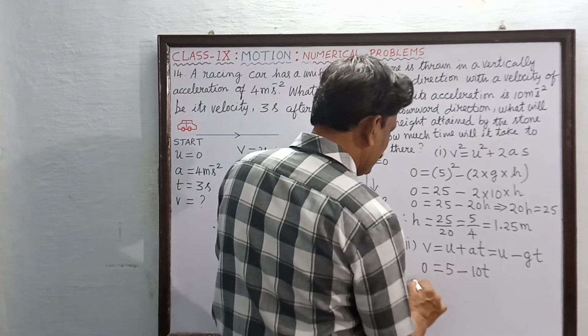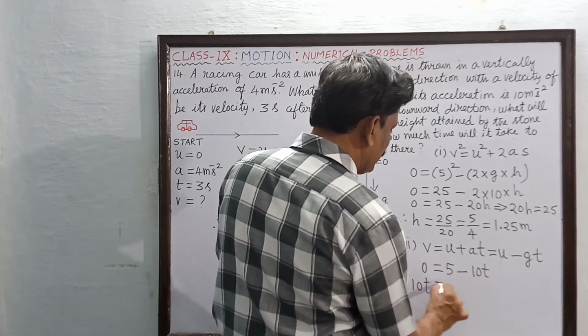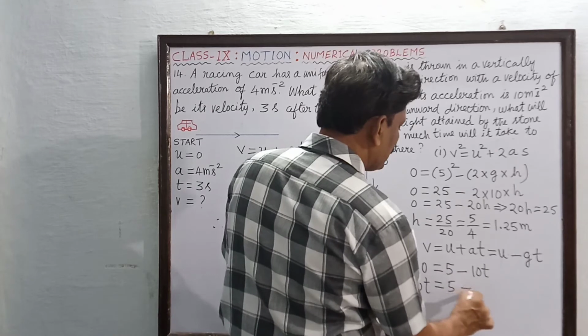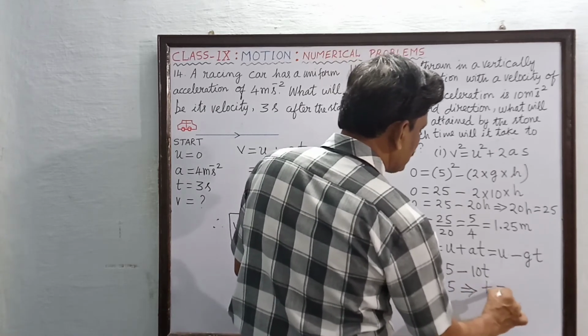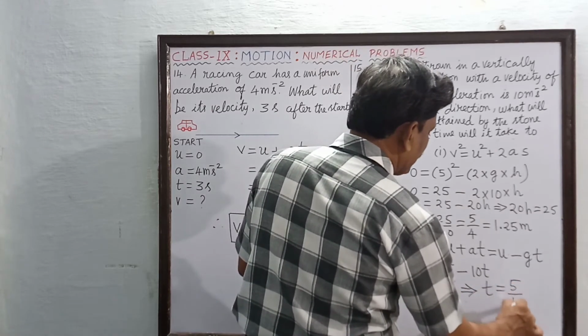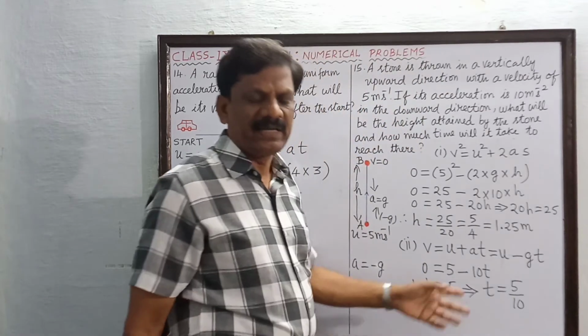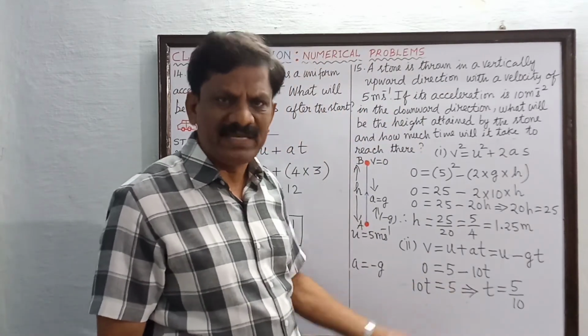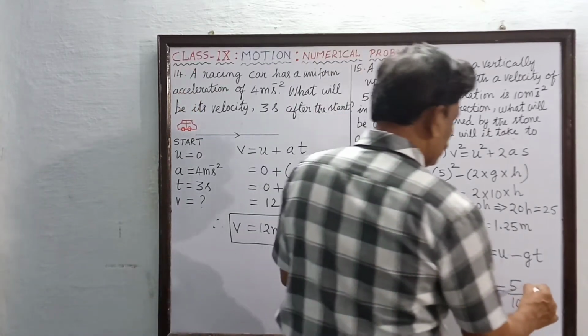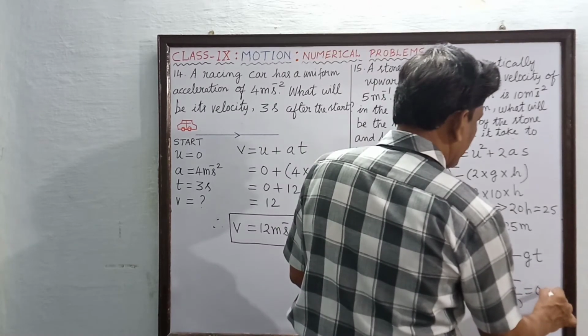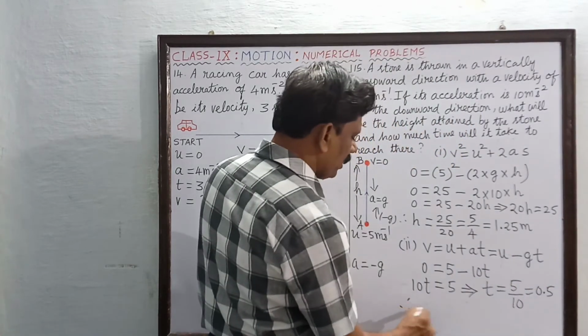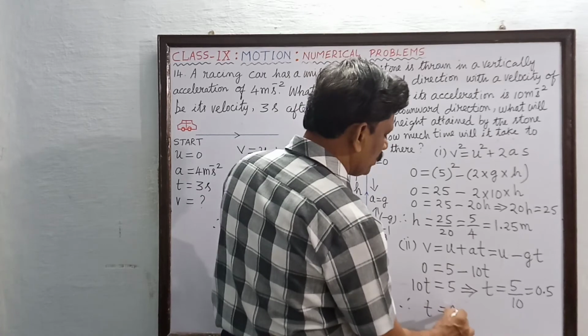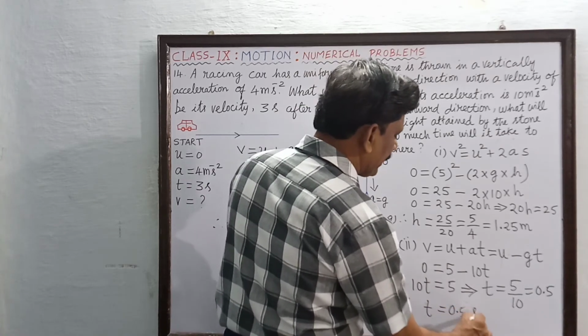So 10 into t is equal to 5. This implies t is equal to 5 by 10, which is 0.5 or 1 by 2. Therefore t is 0.5 second.